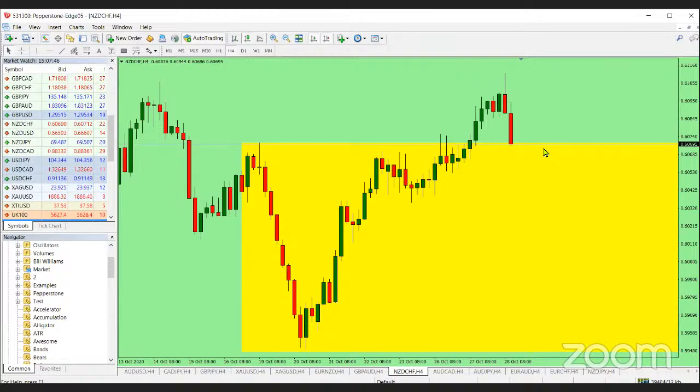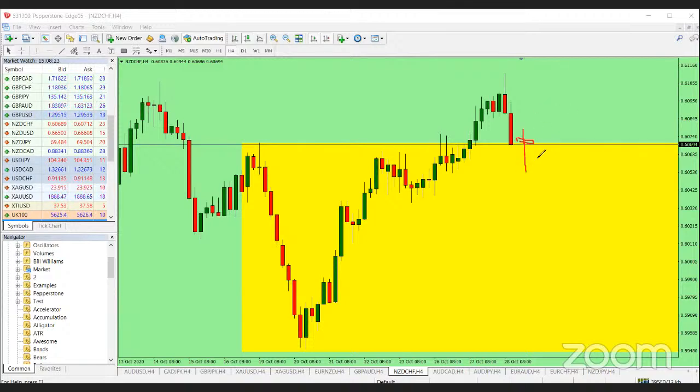For example, on this Kiwi Swiss chart, what would you like to see before entering a trade? Because right now it's retesting your zone. Either a rejection or a doji. If it was a doji, I'd actually trade it, but probably at half risk.